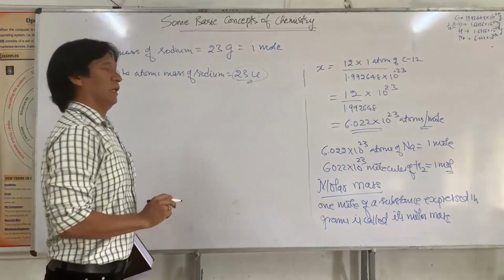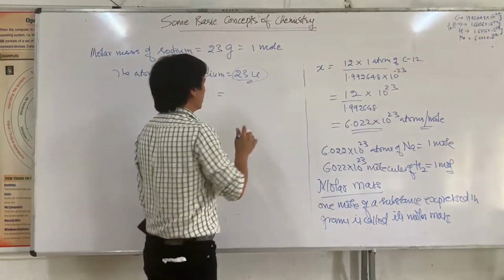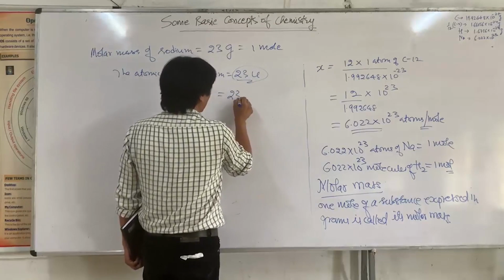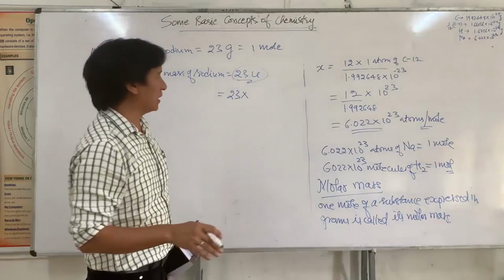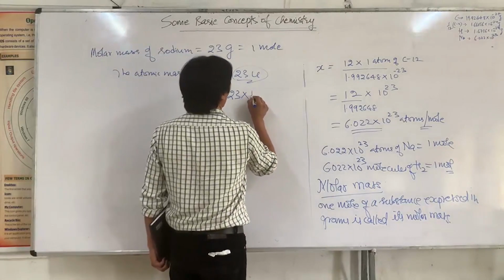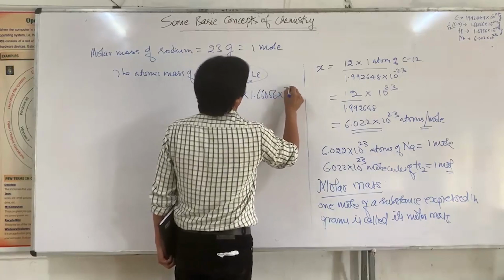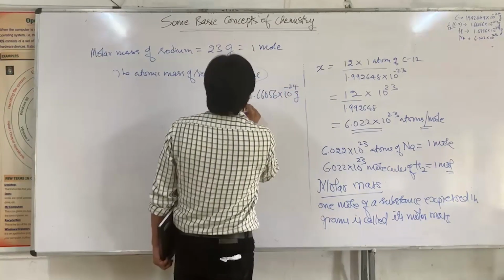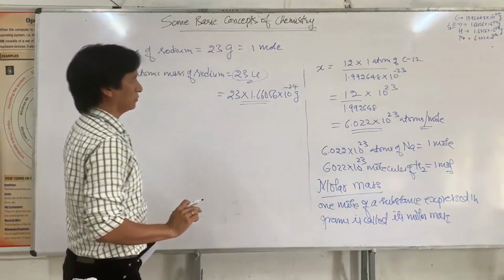This actually means the actual mass of an atom of sodium is 23 times 1/12 the mass of an atom of carbon-12. This unit is 1.66056 times 10 raised to the power negative 24 grams. So this is the mass of one atom of sodium.